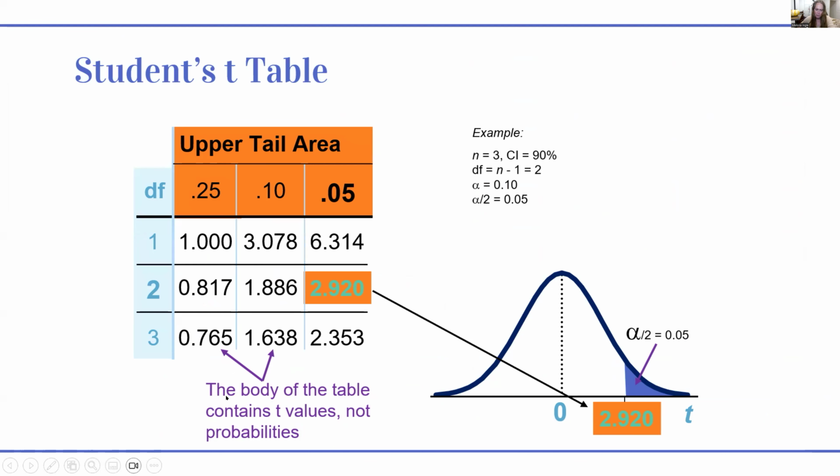And again, just a little note here. These are t-values. They're not probabilities. This is the result of intense differential calculus calculations. And the reason is that, as you might remember, the area under a normal curve is 1.